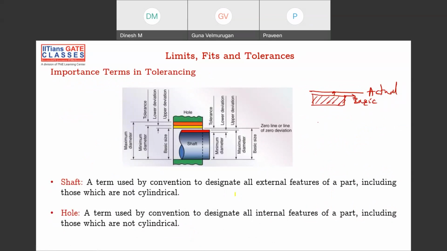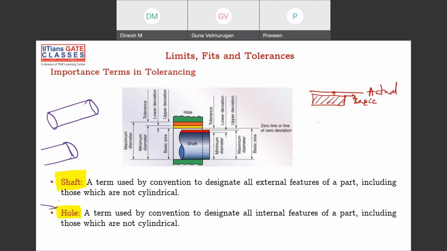Now let me introduce some important terminology in limits, fits, and tolerances. The first term is shaft, and the second is hole. What is shaft and what is hole? Generally, from a mechanical perspective, a shaft is some kind of cylindrical object, and a hole is some kind of space in a cylindrical thing.